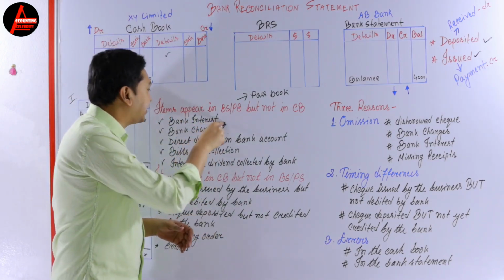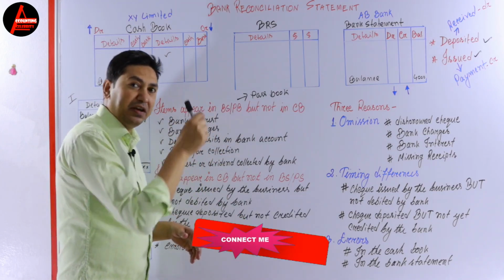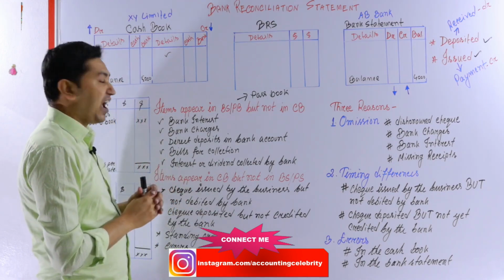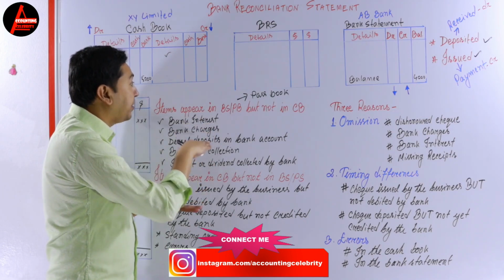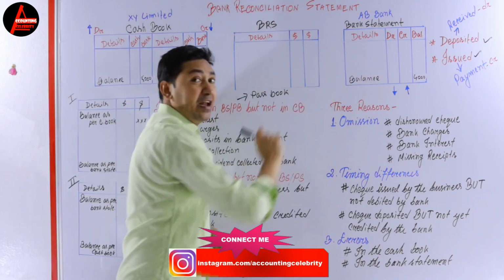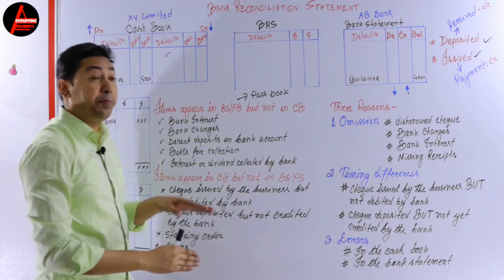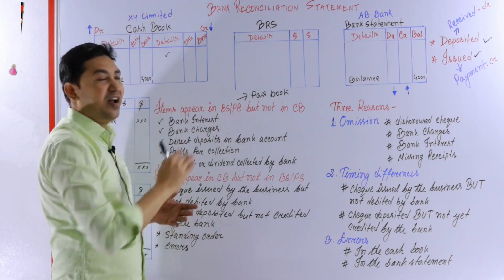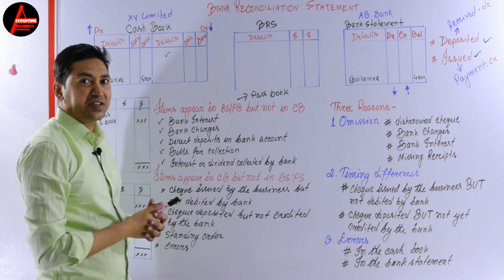Or the bank charges any kinds of fees or credits any kinds of interest, that is not recorded in the cash book. Okay, so these actually appear in the bank statement. As these appear in the bank statement, not in the cash book, a difference may occur. So we need to prepare this BRS to reconcile.